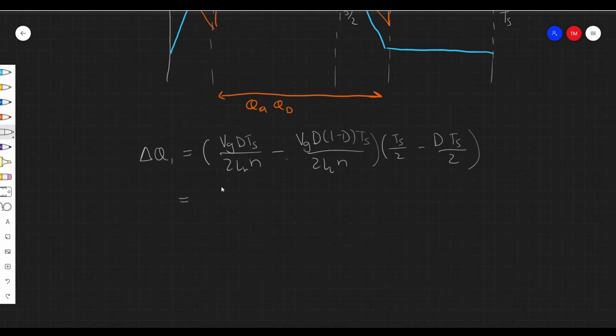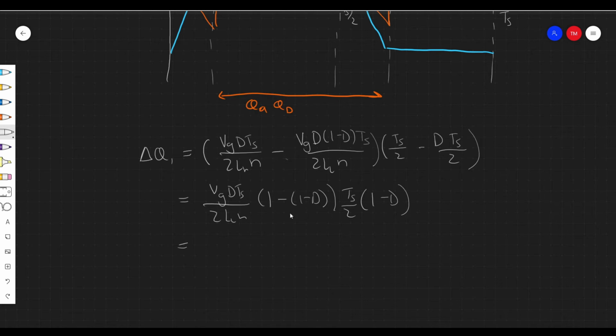So there's a lot of common terms. We can factor them out. So let's do that. We have Vg dTs over 2Ln times 1, right? Because we factored out this whole thing, minus 1 minus d. And then we can factor out a Ts over 2. So Ts over 2, 1 minus d.